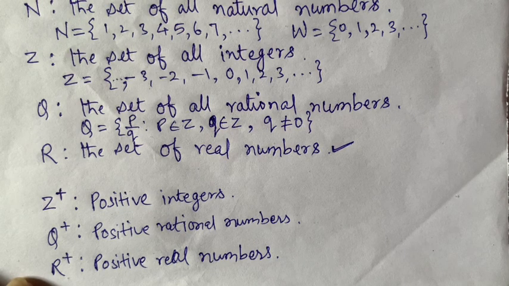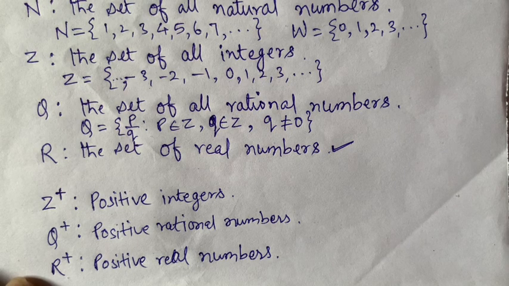If we have x belonging to N, that means we are talking about x belonging to the set of natural numbers. Or, let us take another example: if we say x belongs to R, that means we are talking about a number lying in the set of real numbers.